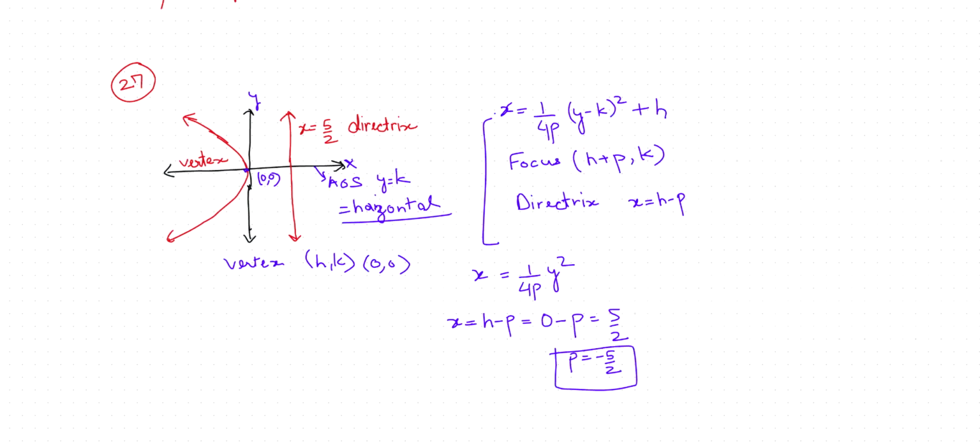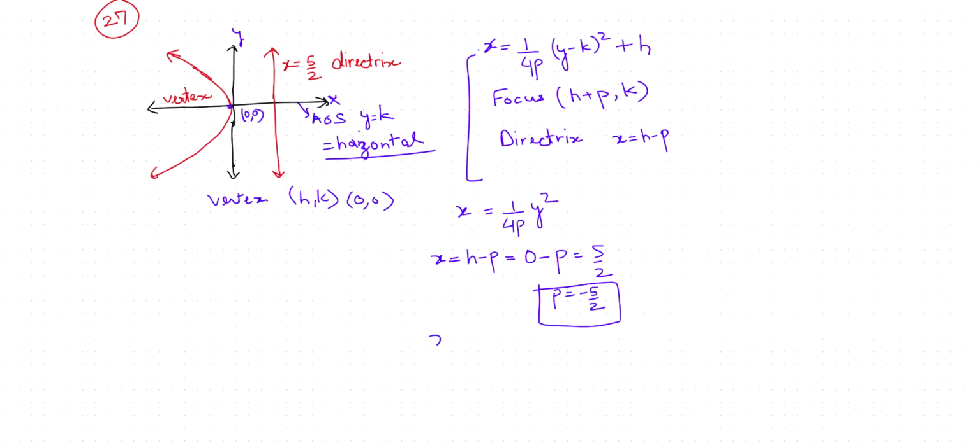Okay, so now we'll substitute this value here. So x is equal to 1 over 4 times negative 5 over 2 y square. So this will give us negative 1 over 10 y square.